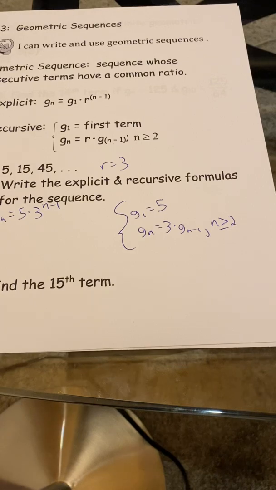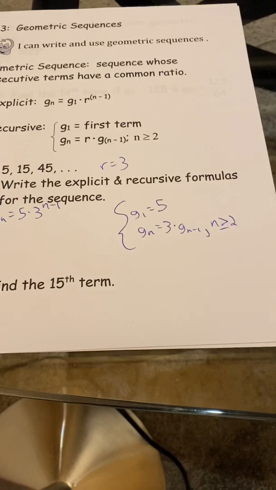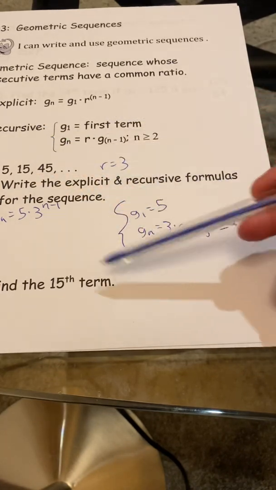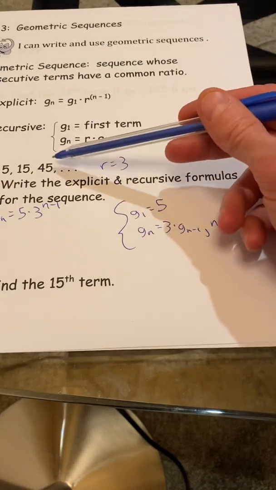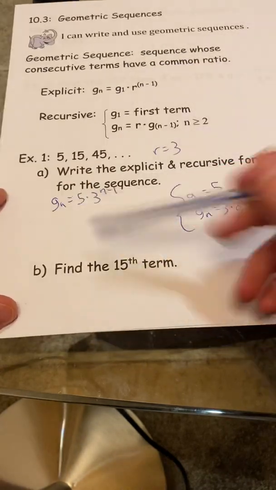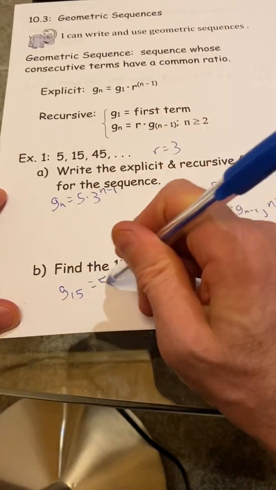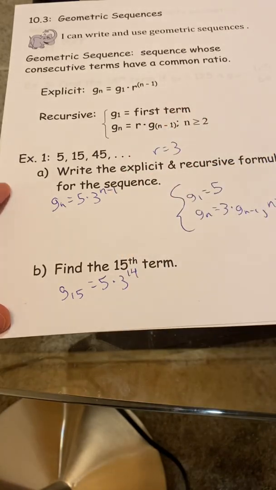Now, as far as using one of these to find the 15th term, we don't want to use the recursion all the way out to term 15. So what we'll do, g sub 15 equals 5 times 3 to the 15 minus 1, which is 14.